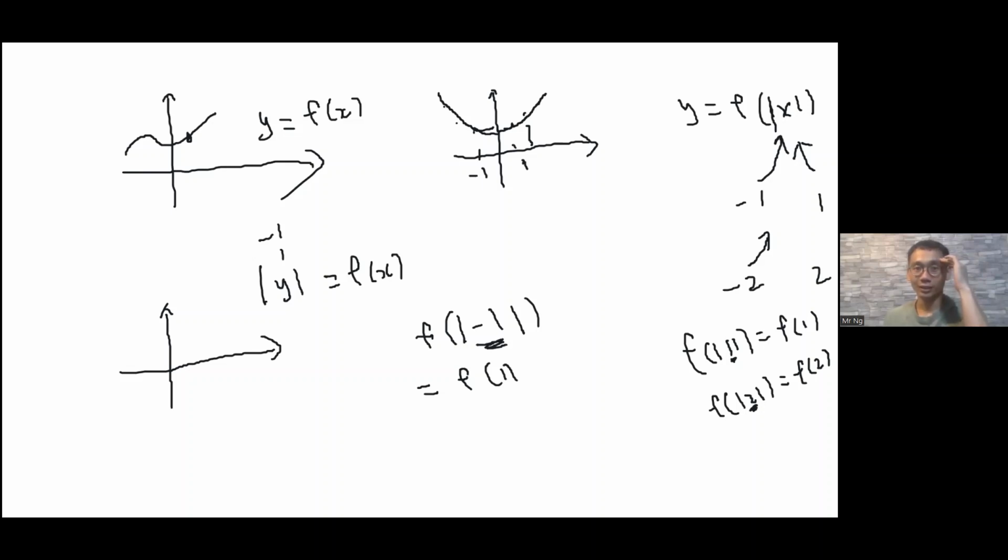It's gone on negative 2 or 2, right? It will eventually be 1 and 2. So they're going to share the same x value, but their y is different.